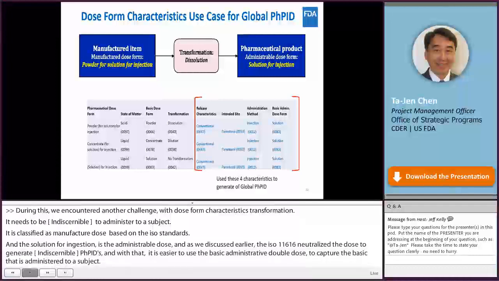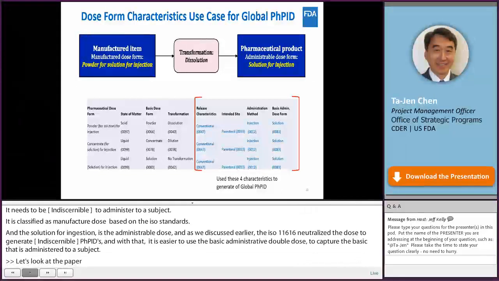The first row, powder for solution for injection, started as a powder that needs to be dissolved into solution for injection. And the second pharmaceutical dose form, concentrate for solution for injection, started as a liquid concentrate that needs to be diluted into solution for injection. And the third one, solution for injection, does not need any transformation.